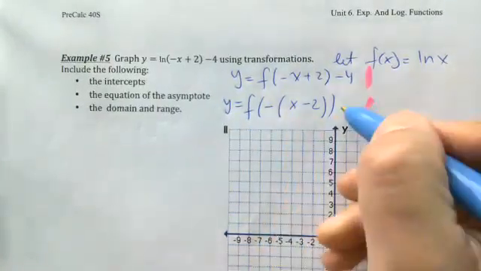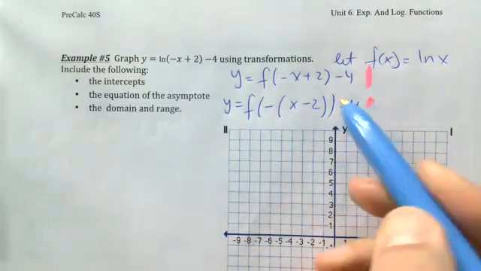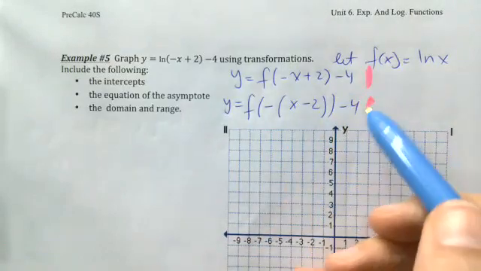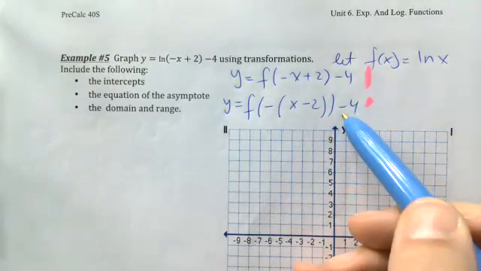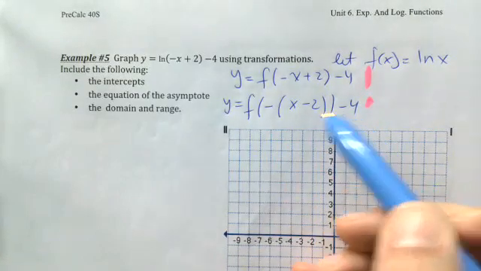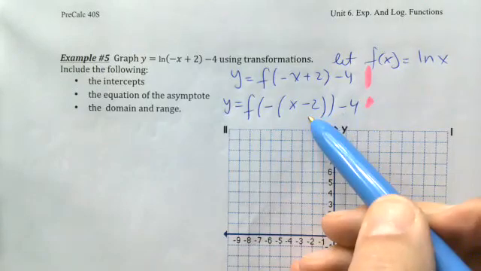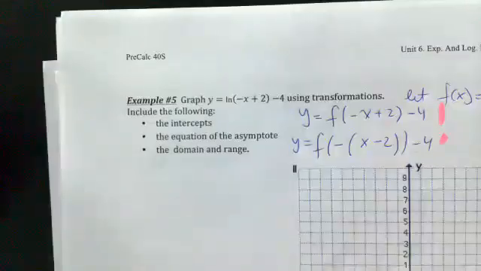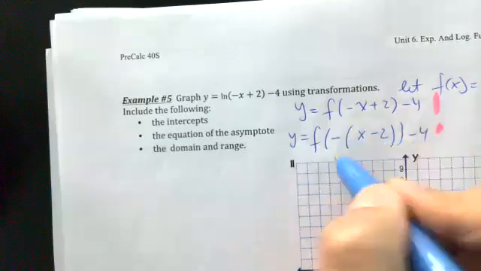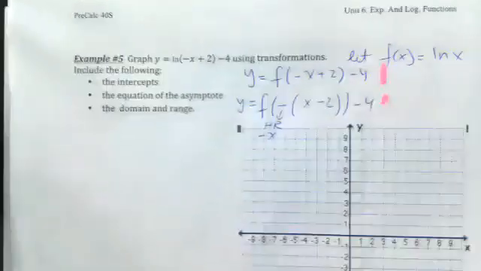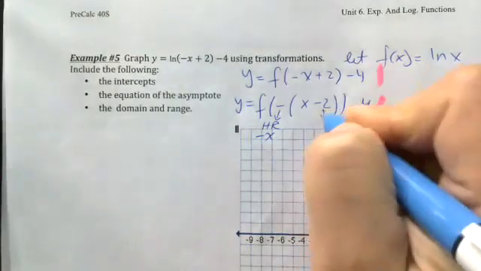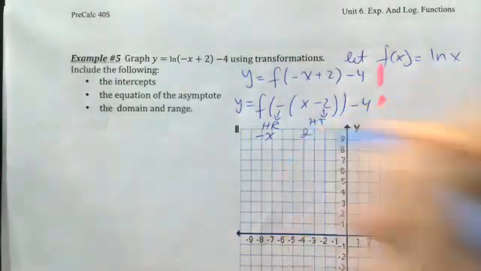And then outside, you can just leave it as negative 4, because the b value can be read exactly how it is, right? So this one we read as it is, in the natural direction, and this one we go in the opposite direction. So we have a horizontal reflection, negative x. We have a horizontal translation, 2 units where?